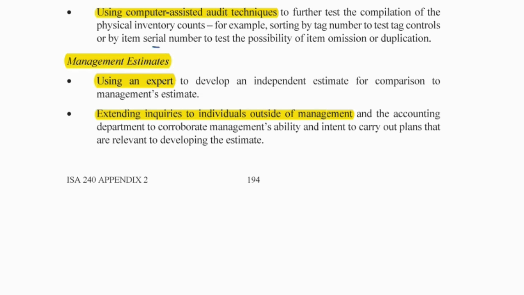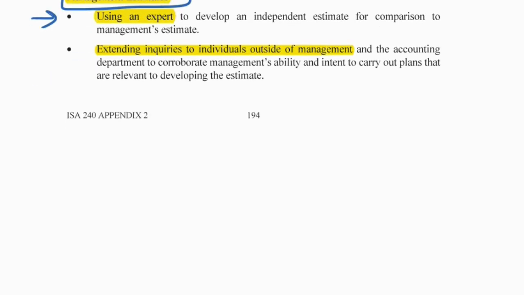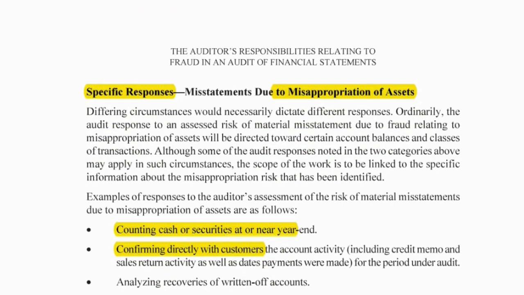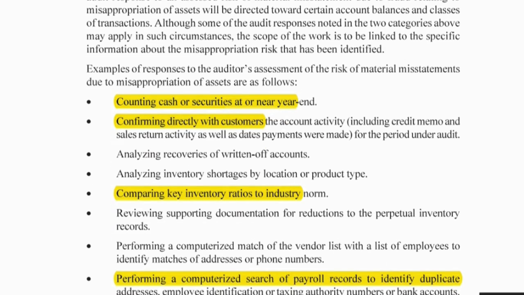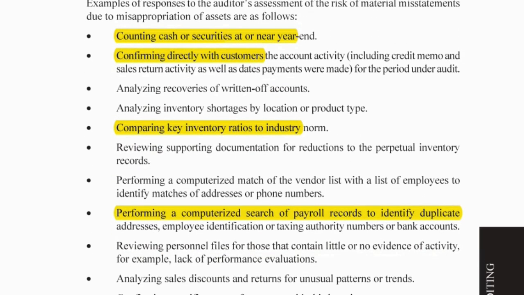For estimates, get an expert to help you to see if there are any strange assumptions that have been taken into account. Okay, and then specific responses, potentially because of theft, go and count cash that they say that they have. Confirmation with customers specifically for their debtors or creditors terms.